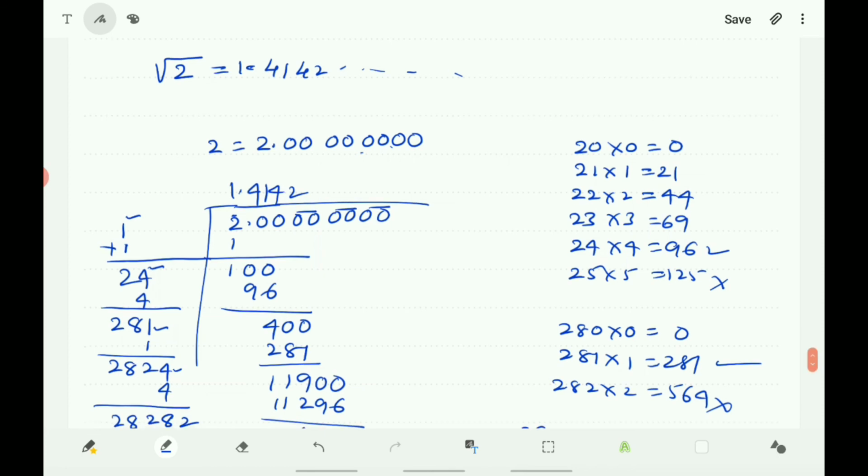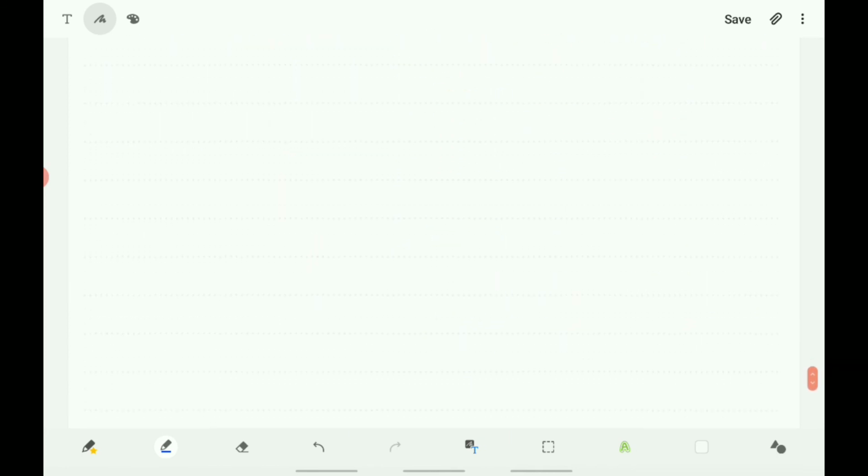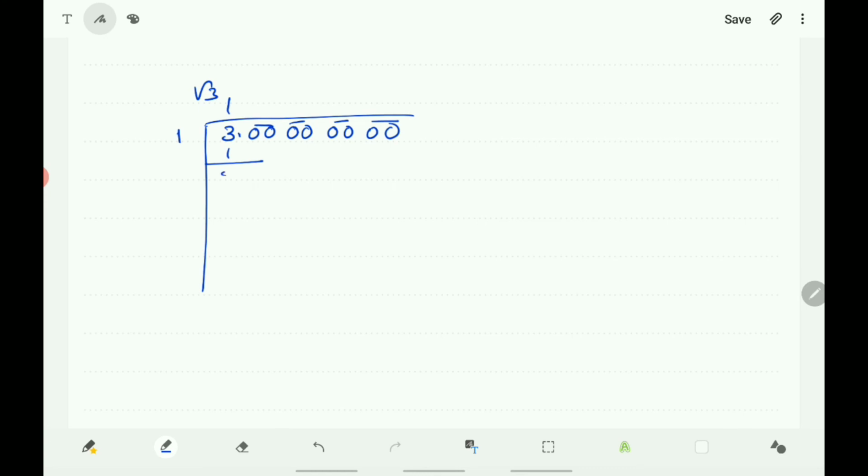Similarly, root 3 is not a perfect square. Root 3 is irrational, that you know already. So if you want to find it, write 3.00000000 this way. And the grouping is from here, and 1 1s are 1, 3 minus 1 is 2.